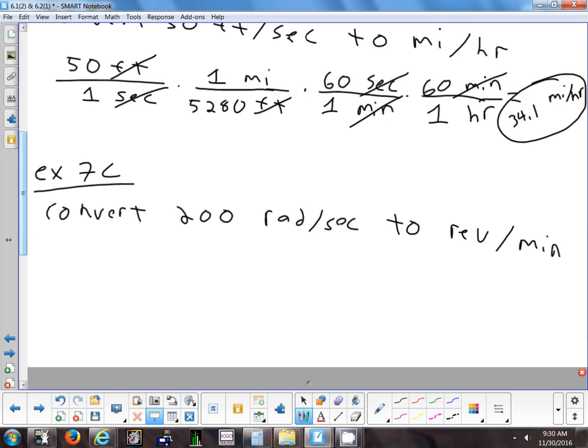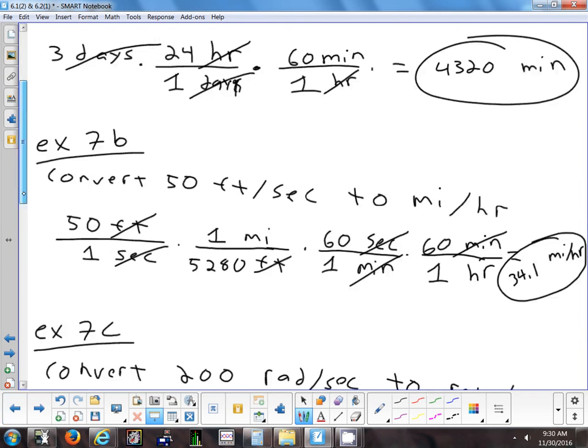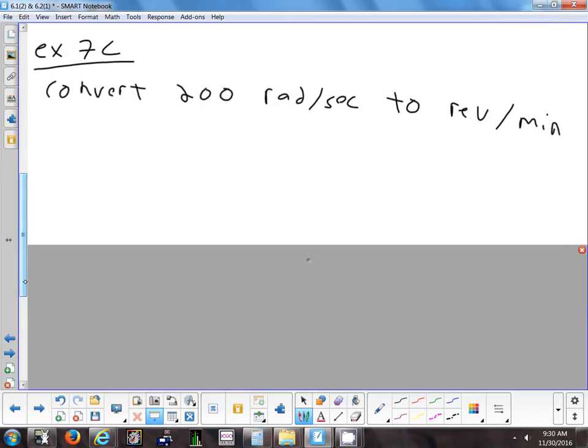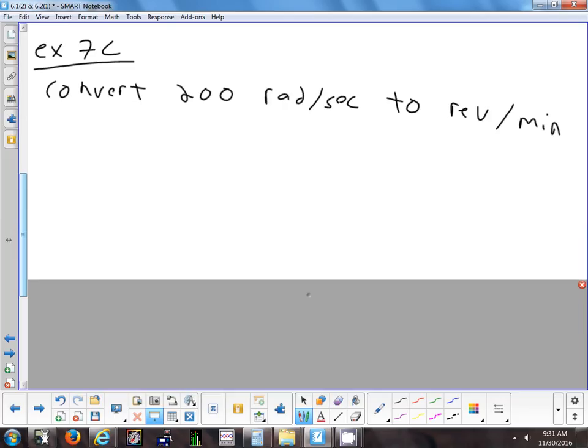All right, so the last one we'll do, and then we'll start looking at unit circle trig, but we're not going to finish it until tomorrow. I want to convert one that's an angular velocity, 200 radians per second. So we have an object that's spinning at 200 radians every second.